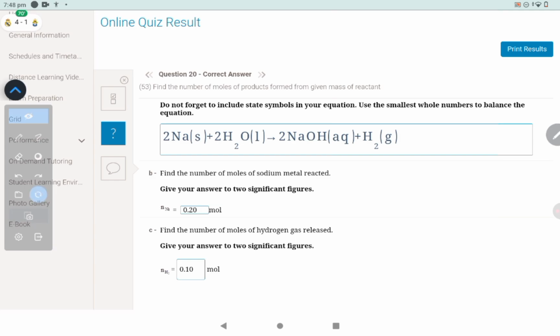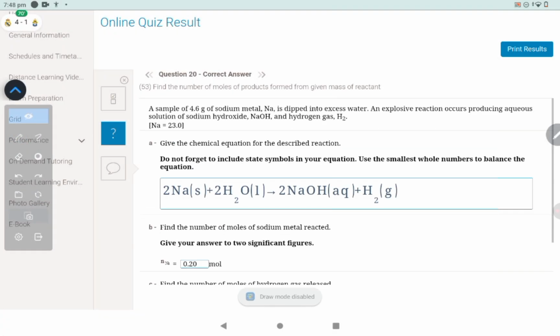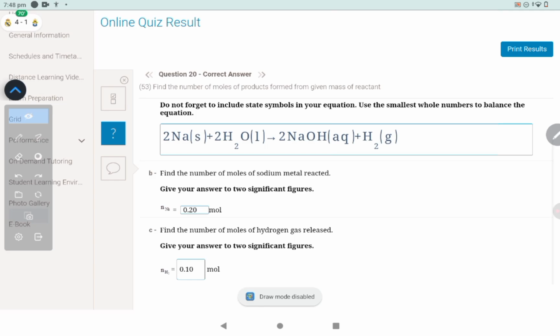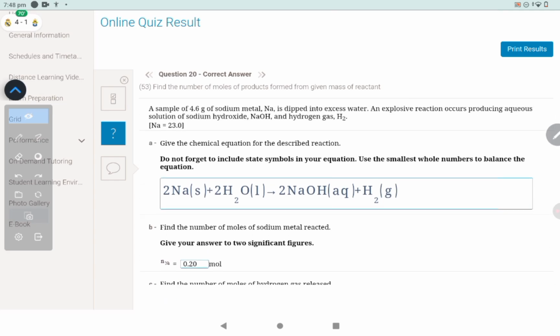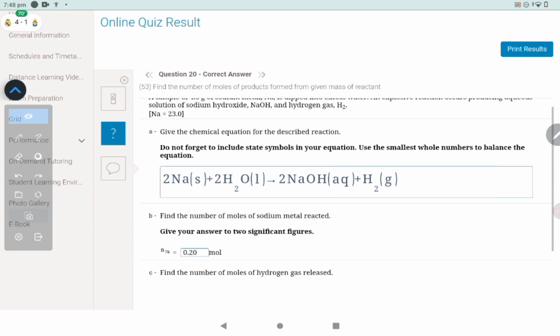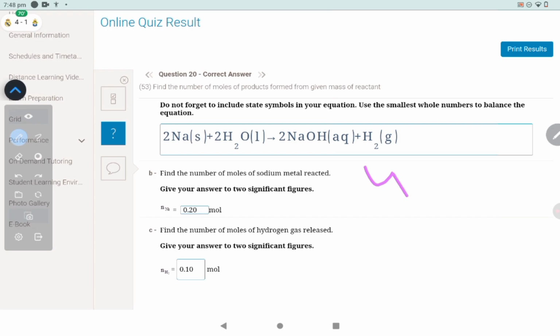Find the number of moles of sodium metal reacted. Number of moles. Okay, we have the mass of sodium is 4.6, and we have 23 as the molar mass. So we're going to have to do 4.6 over 23, which gives us 0.2.